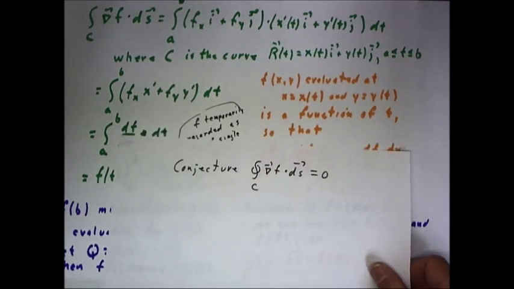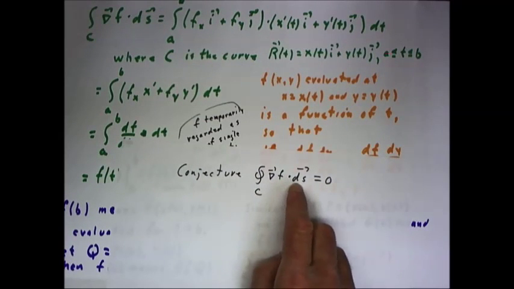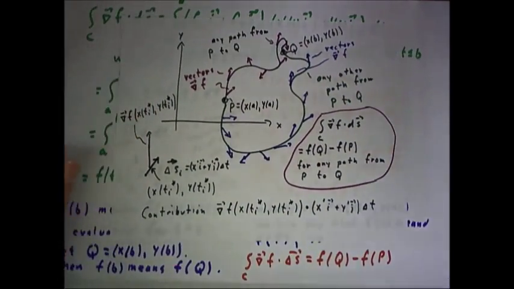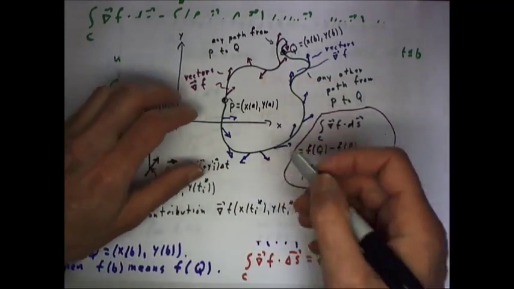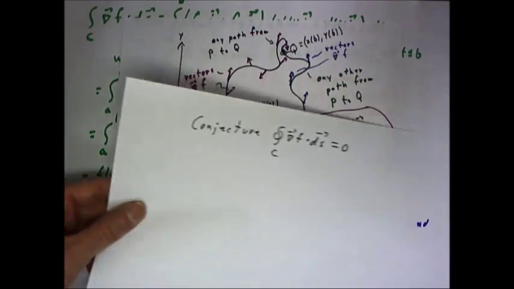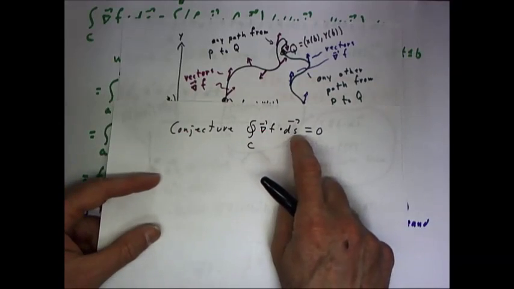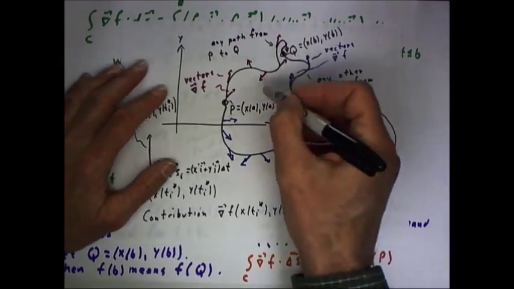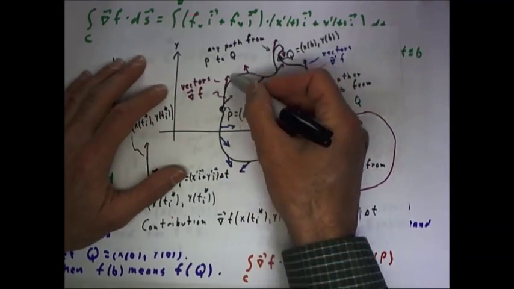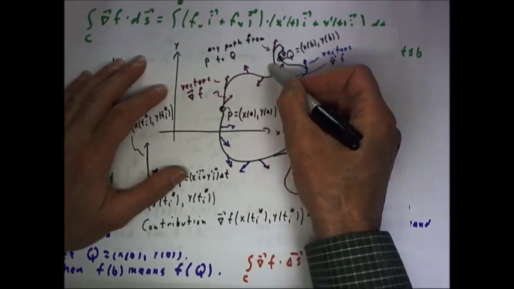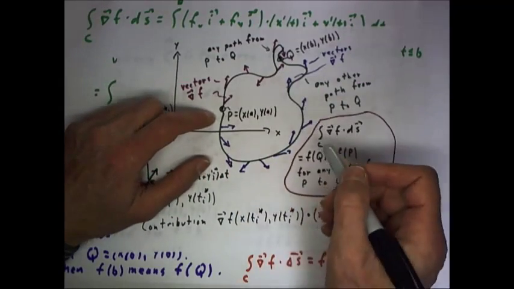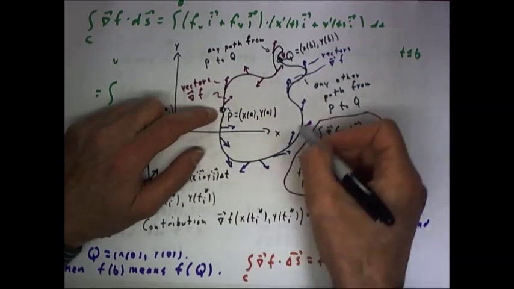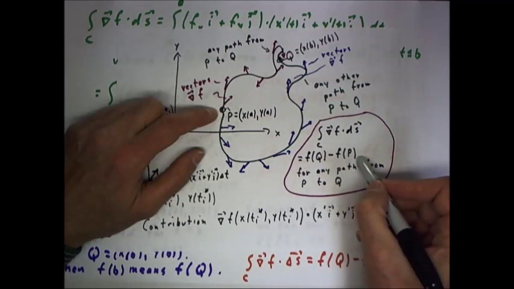Now remember, we started with the conjecture that the integral of del f dot ds is 0. Let's just take a look again at this picture. And the conjecture was that the integral of del f dot ds is 0 over any closed curve. Okay, well, if we look at this picture, if we start at P and go to Q, we get an integral which is equal to f of Q minus f of P. Now, if we start from P and go to Q along this path, we get the same thing.